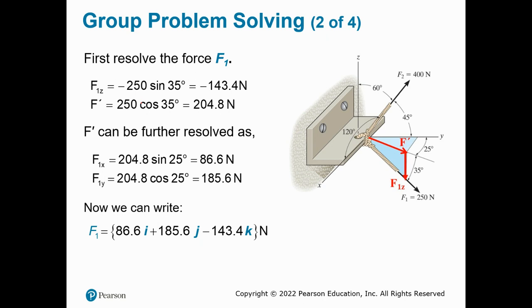It's going down, so the Z component is going down and you'll have a negative value for Z, and F prime is positive because it's going toward the positive direction of your X and Y. So you'll have sine 35 degrees and cosine 35 degrees. It's 35 degrees because 35 degrees is defined as the angle between F1 and the XY plane. So that's how we're using that angle.